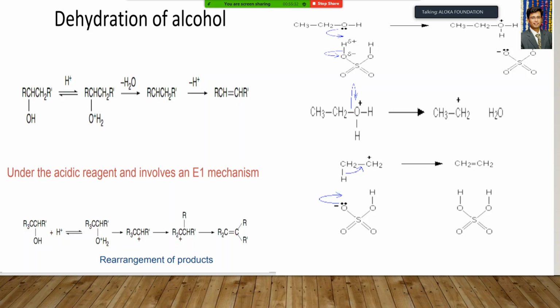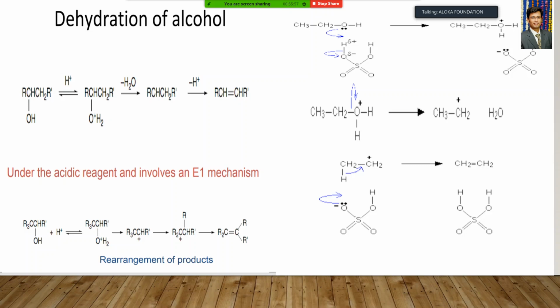This undergoes elimination to give your carbocation. Then the next step is water, the weak base, which will abstract a proton from the beta carbon to give you a more substituted alkene. So this is the mechanism that is given. The alcohol gets protonated by H2SO4 to form a protonated alcohol and bisulfate.